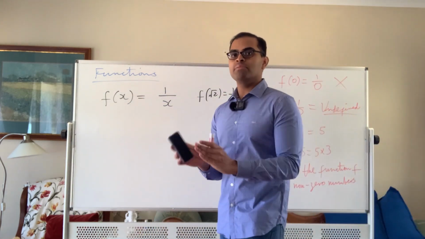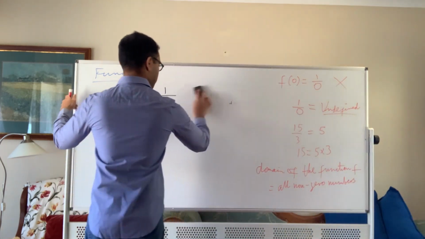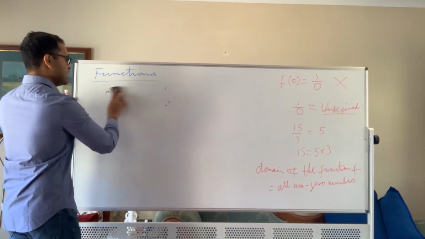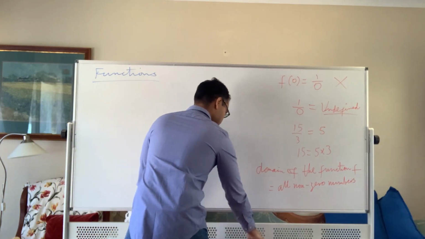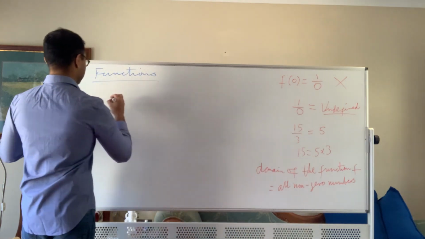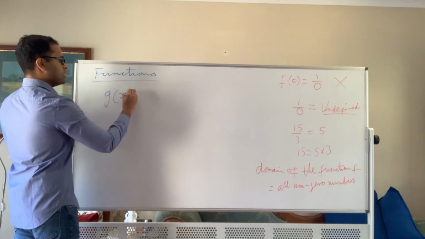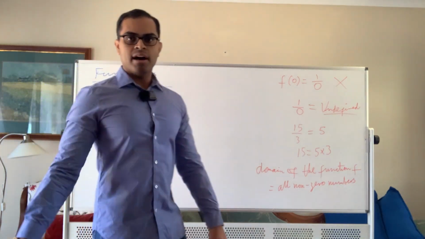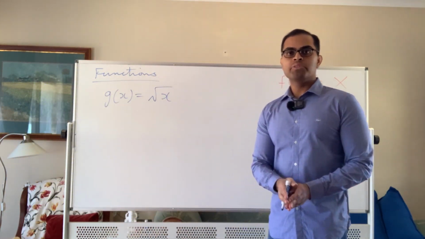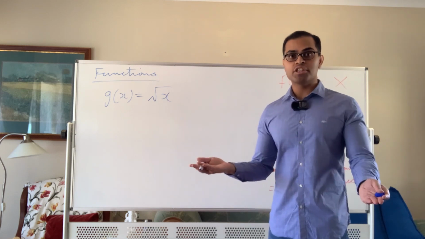That's one of the main principles. And the other main principle is, suppose I change f to a new function, g, and I write it as g of x equals the square root of x. This is a simple enough rule. You take a number, you take its square root. That's what the function is doing.